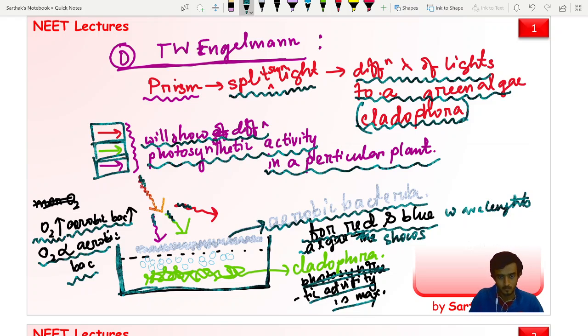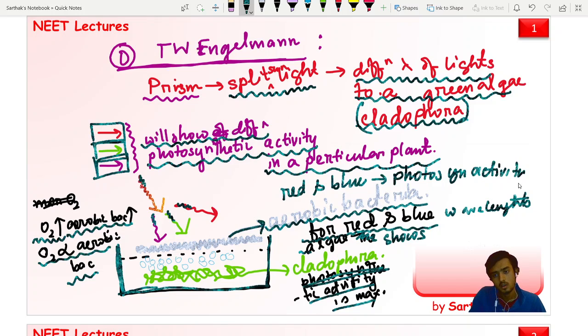That means for red and blue light, the photosynthetic activity is maximum. He had seen it experimentally. Okay, this is the experiment done by T.W. Engelmann. If you didn't understand the experiment, please go through the video again, and you will understand it.